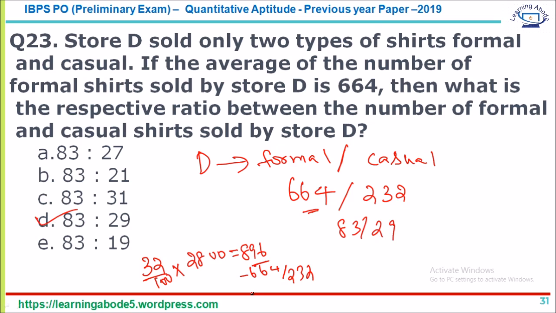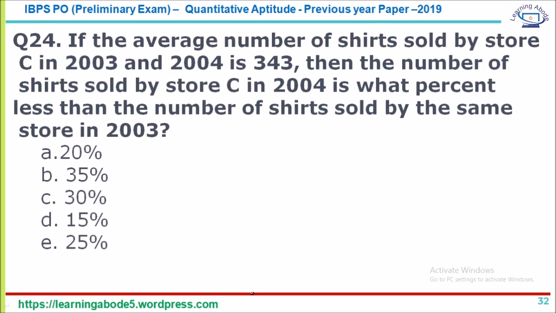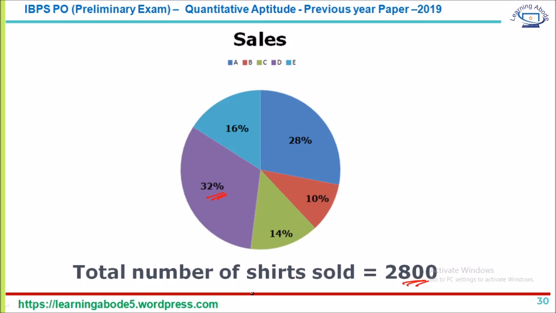Now if the average number of shirts sold by store C in 2003 and 2004 is 343, then the number of shirts sold by store C in 2004 is what percentage less than the number in 2003? So where is C?